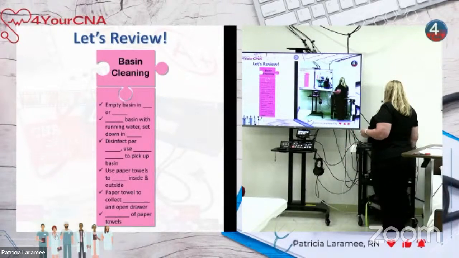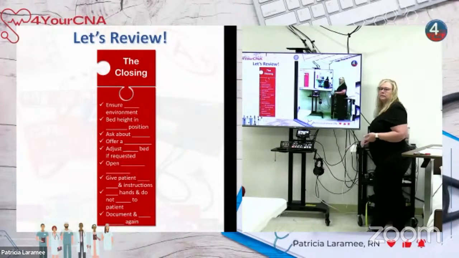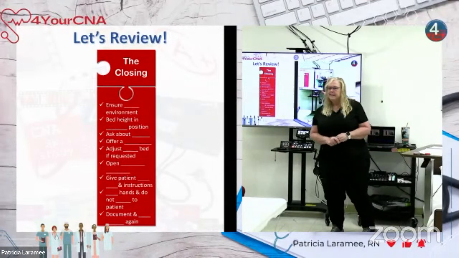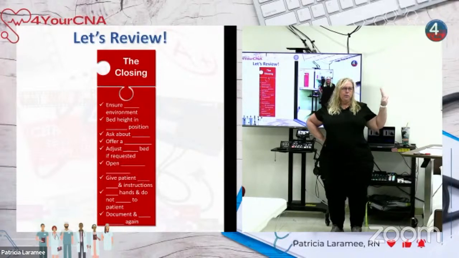And then we're going to get to the closing. Closing is at the end of every single skill we do, right? Every skill we do. And there's 6 C's to the closing. The first 4, the order doesn't matter. Can anybody tell me one of those 4?